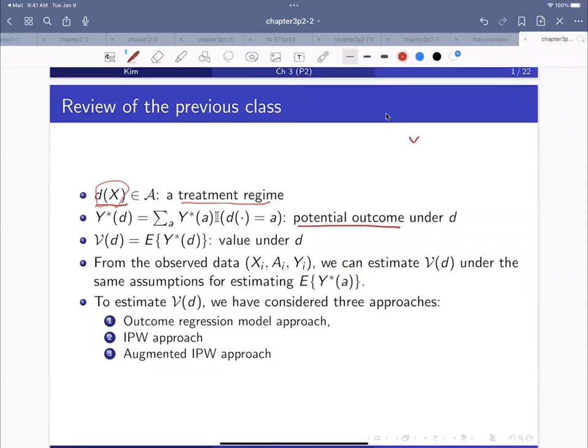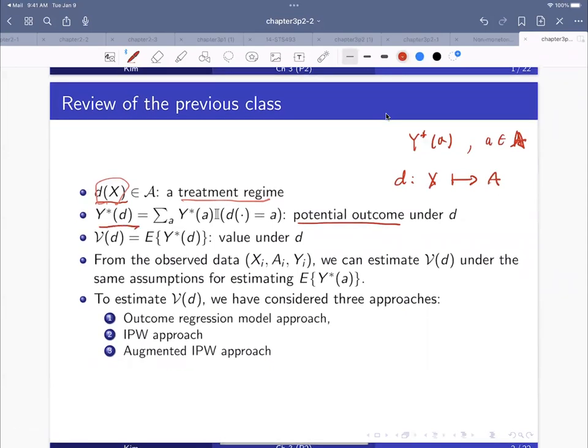So originally, potential outcome has been defined in terms of A, right? But because of the mapping, we can derive the potential outcome on d, right?